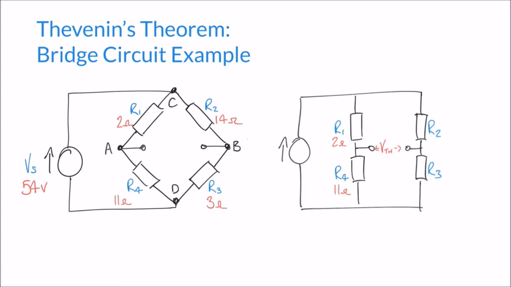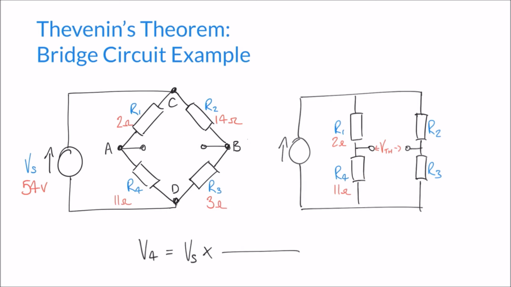So if we set up our potential divider rule, for now we can ignore R2 and R3. They're a separate potential divider and a separate set of equations. We can say that V4 is equal to our supply voltage, Vs, multiplied by a fraction. We put whichever resistor we're measuring across on the top, so in that case R4 goes on the top because we're measuring across that resistor here.